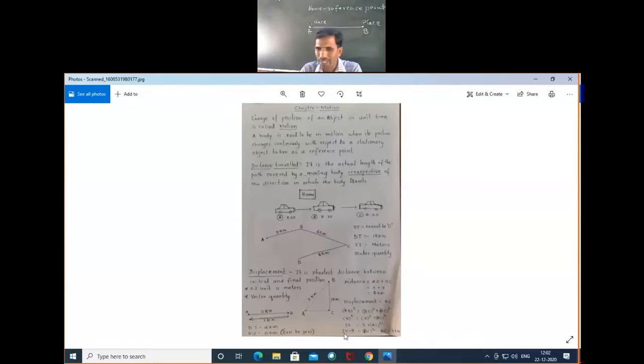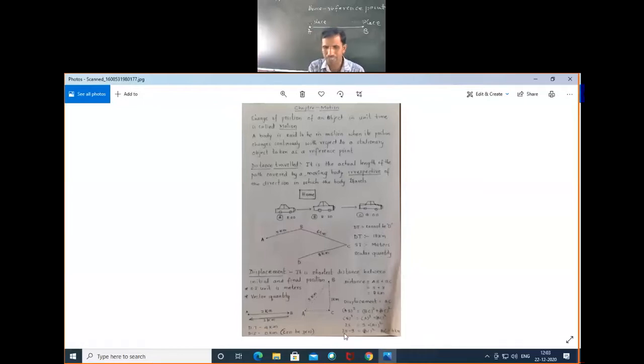The body is said to be in motion when its position changes continuously with reference to time, with reference to a reference point. I am here now. This is my reference point. I am moving from here 5 meters to that side.